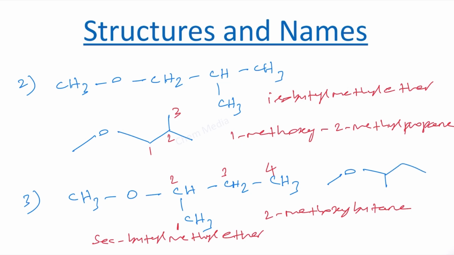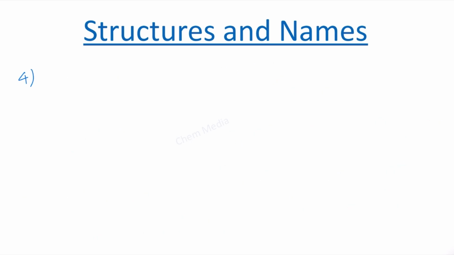CH2, CH3. And then number 4, we can also write tertiary butyl methyl ether, CH3O and then carbon, CH3, CH3, CH3.